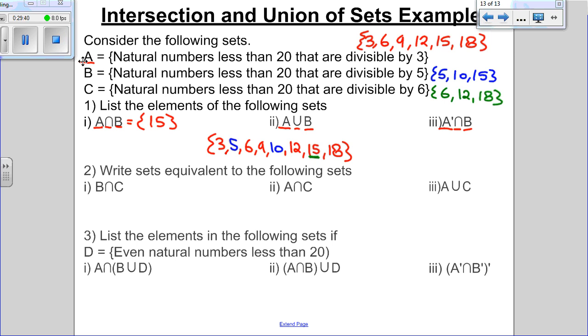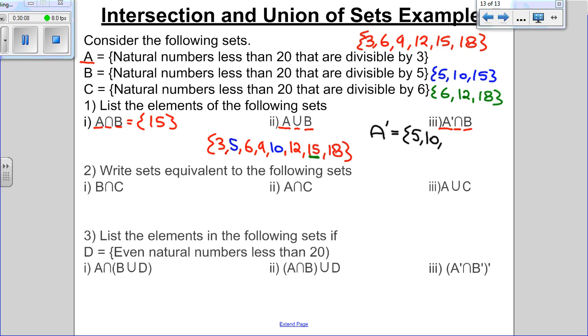What numbers are not in A? 4, 5, 7, 8. What are not in A but in the other sets? 5. Yep, 5 is not in A. 10 is not in A. And that is it. Those are the things that are not A.